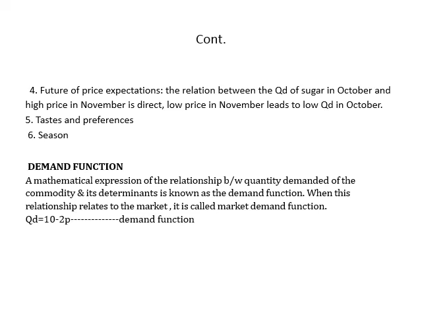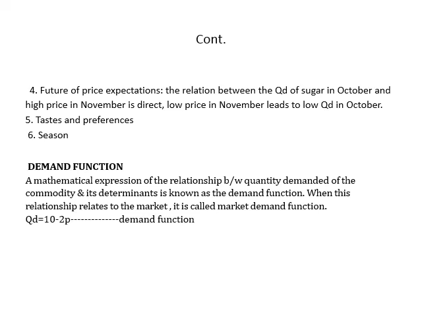If I expect low price in November, I will buy low quantity in October. So the relation is direct. High future expectation, high quantity demanded currently. Low price in the future, low quantity demanded currently.